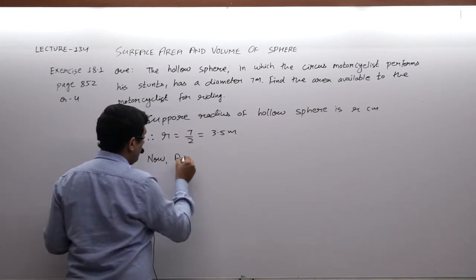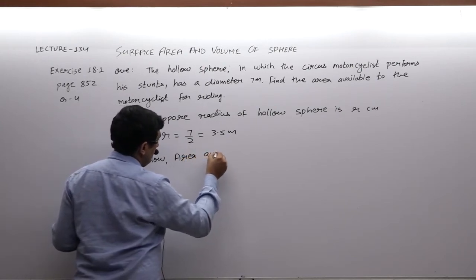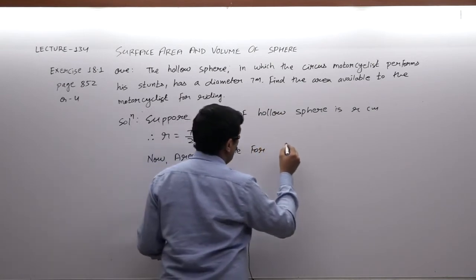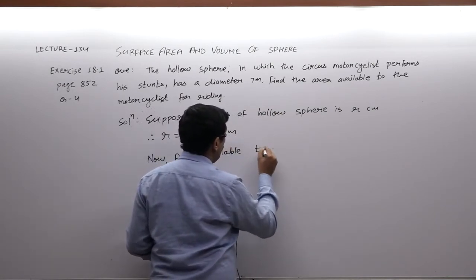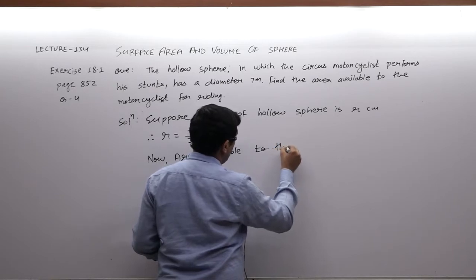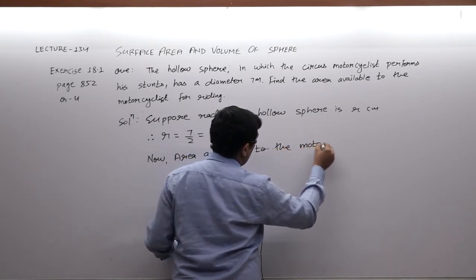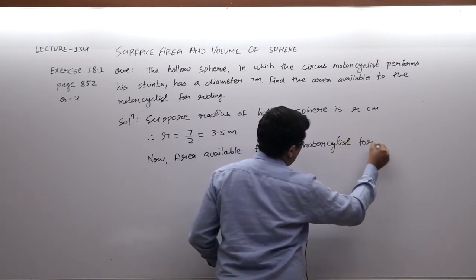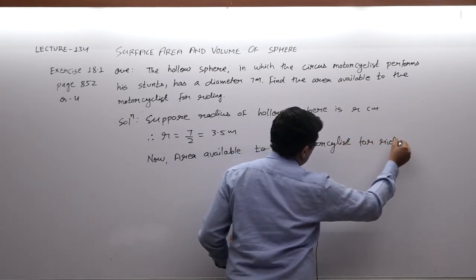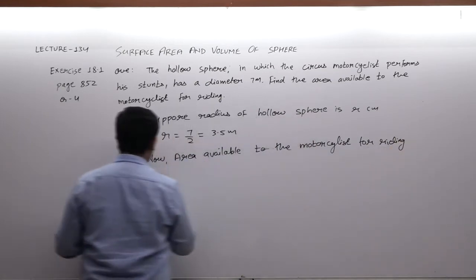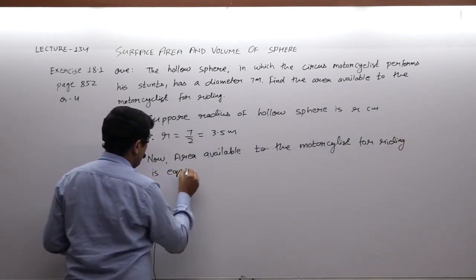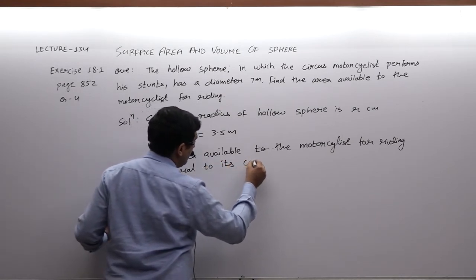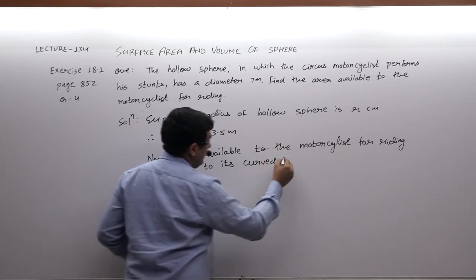Now, the area available to the motorcyclist for riding is equal to its curved surface area.